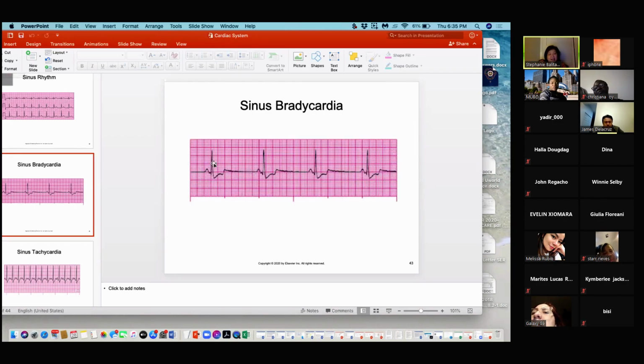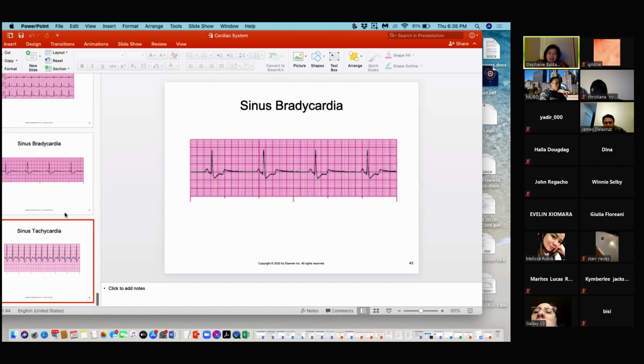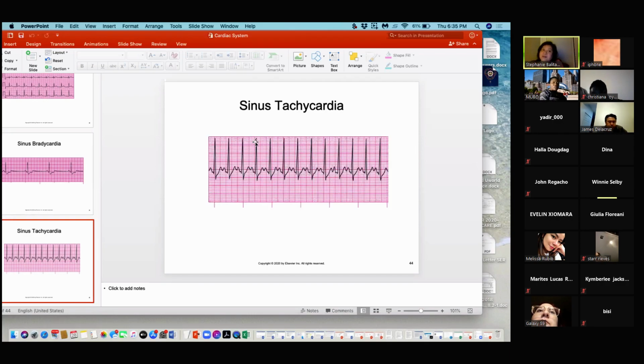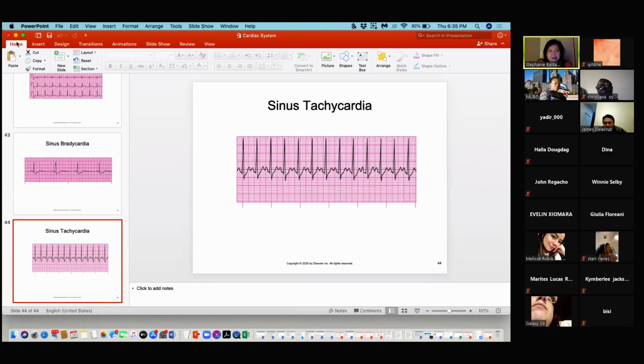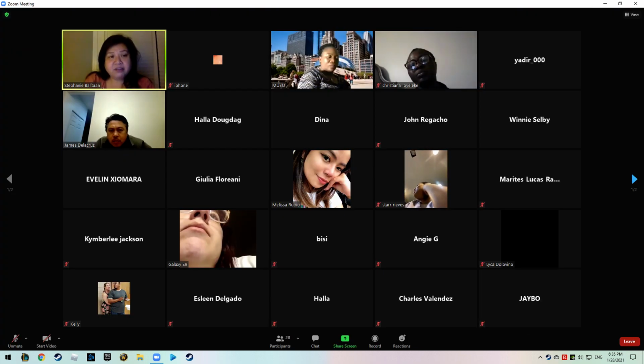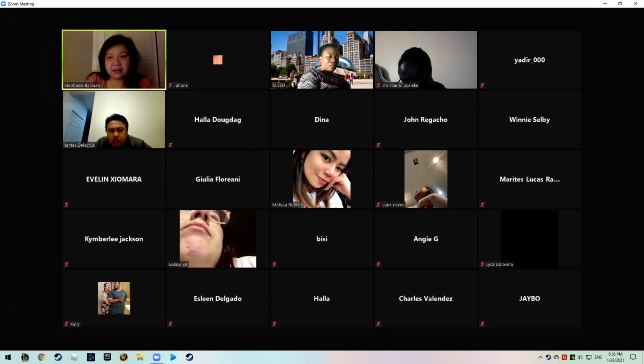Because when you're counting, it's only 1, 2, 3, and 4. Times 10, it's 40 beats per minute. That is just how you count. So if they ask you whether atropine is indicated for A or B, now you know, because we're into dysrhythmias. They will ask you questions using EKG strips. So at least we got how to count your EKG tracings down.